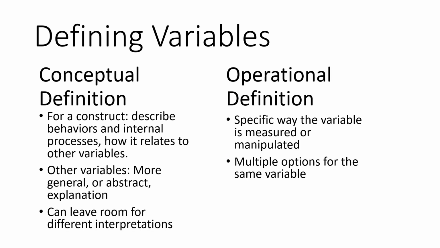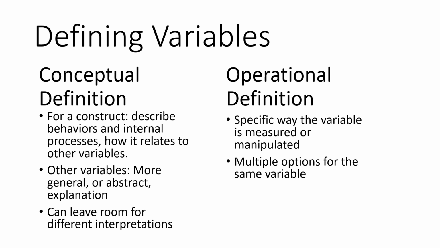Whether they're quantitative or qualitative, we can talk about variables in a few ways when we're thinking about research. One distinction we make is between the conceptual definition of a variable and the operational definition. The conceptual definition helps understand what we're talking about, but not necessarily in a way we can research it. For example, psychological constructs can't be seen.